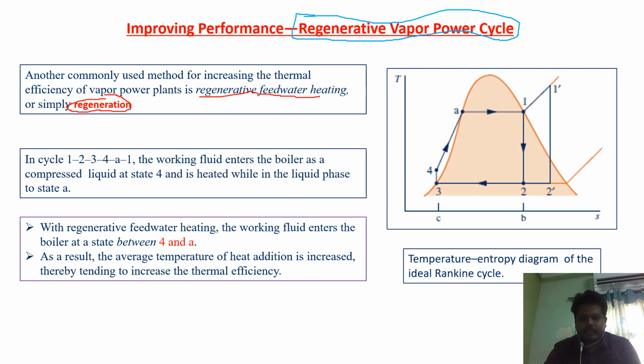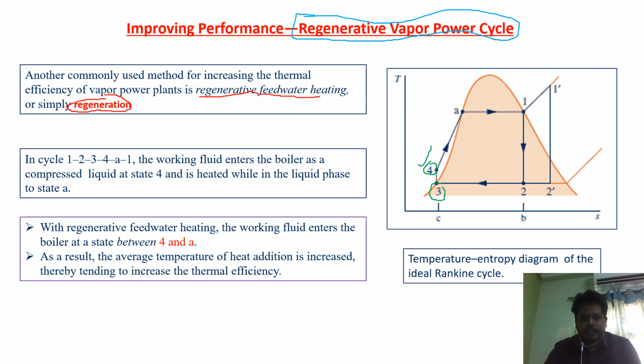As you can see on the TS diagram, the process 3 to 4 is an isentropic compression process, where the working fluid gets compressed. After getting compressed, the fluid will enter into the boiler at point 4.